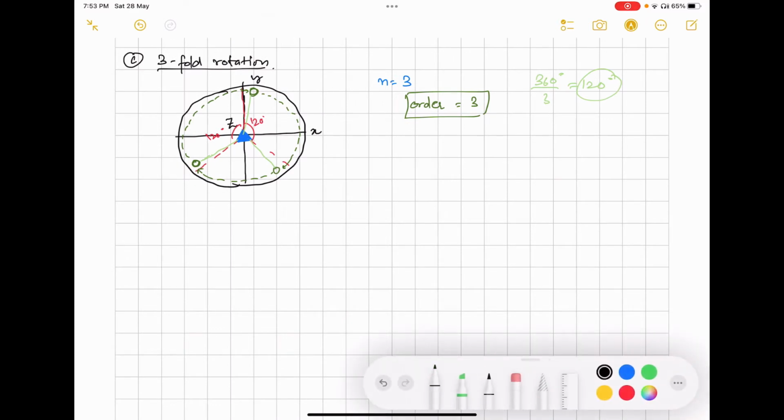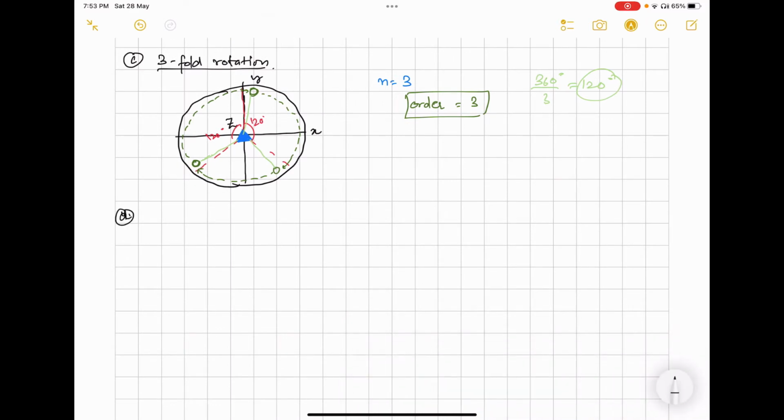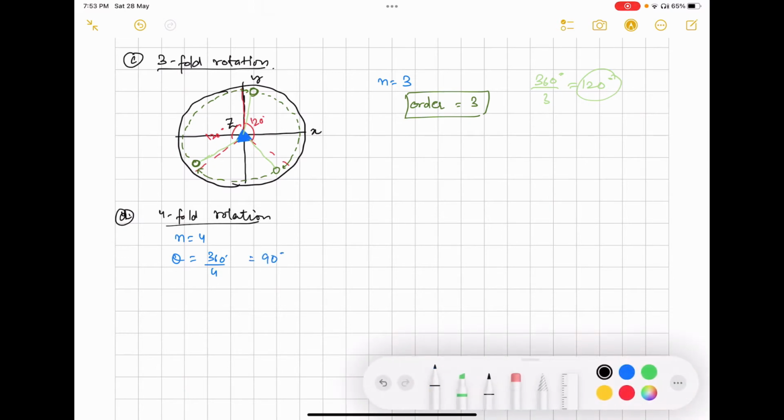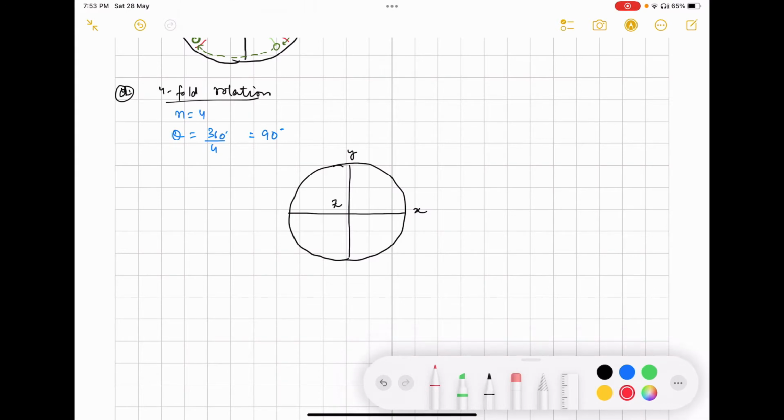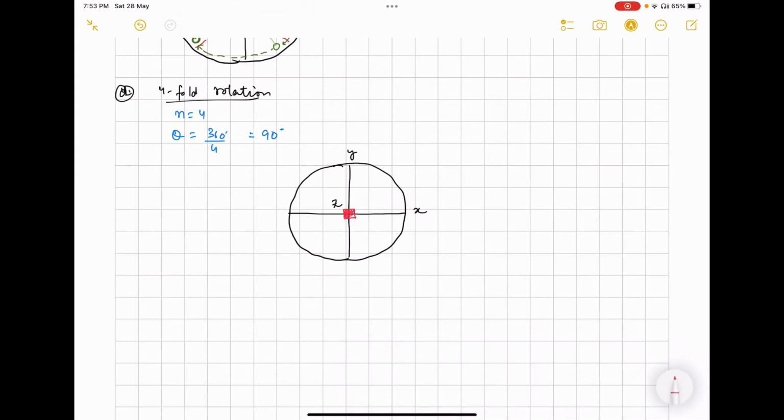Now a four-fold rotation. Four-fold rotation is n equals 4. So theta is 360 by 4, that is 90 degrees. It is represented by a solid square. These are the axes. We have to draw them again and again, and it is represented by a solid square.